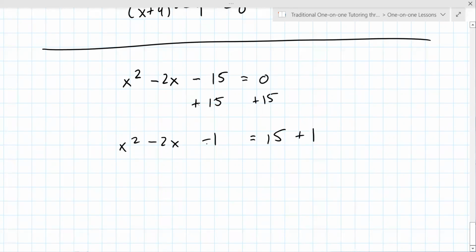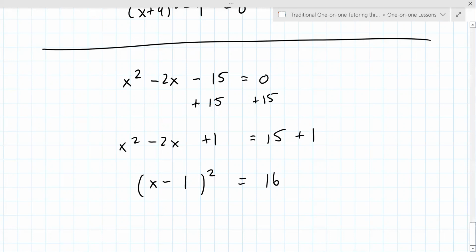Yes. Now, how do you figure out what goes in parentheses? You put the x in parentheses and then the minus sign, and then you figure out the square root of 1, which is 1. Yes. What about on the right? 16.